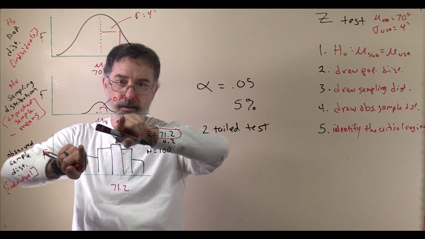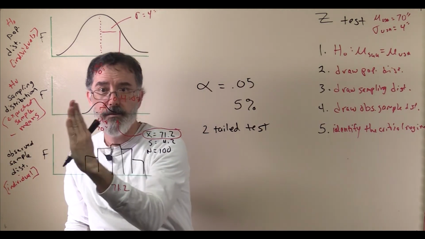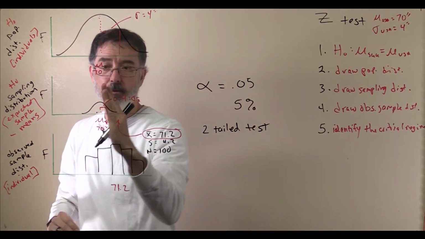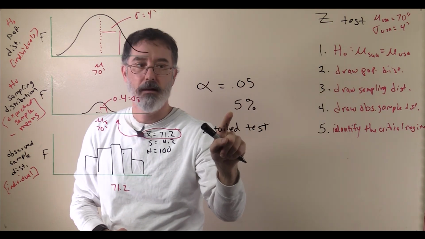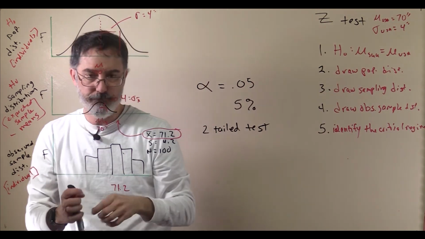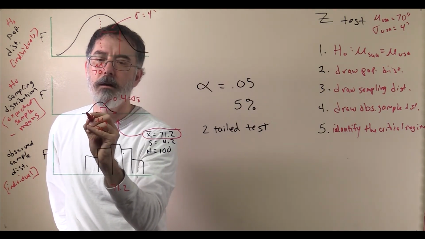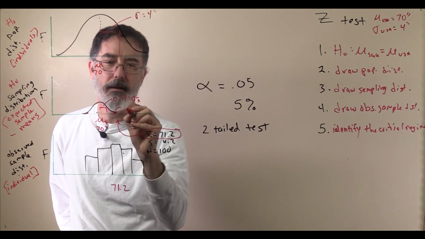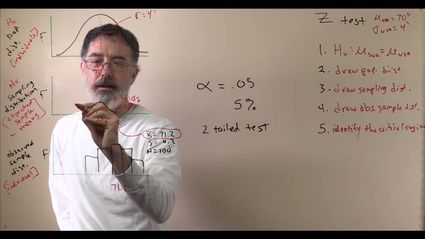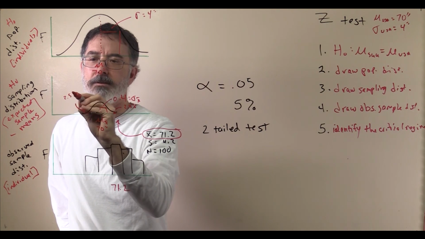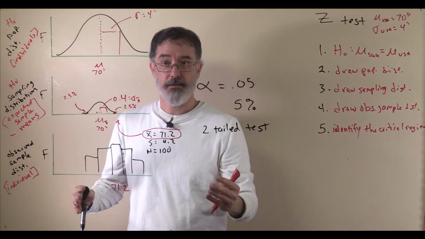All right, so we're interested in extreme sample means in this direction or this direction, really tall men or really short men. So we're going to have our 5% and we're going to split it across the two tails. So I'm going to color in that area. What I'm trying to color in here is 2.5% of the distribution on this side and 2.5% of the distribution on this side. And that's the critical region that I just colored in.